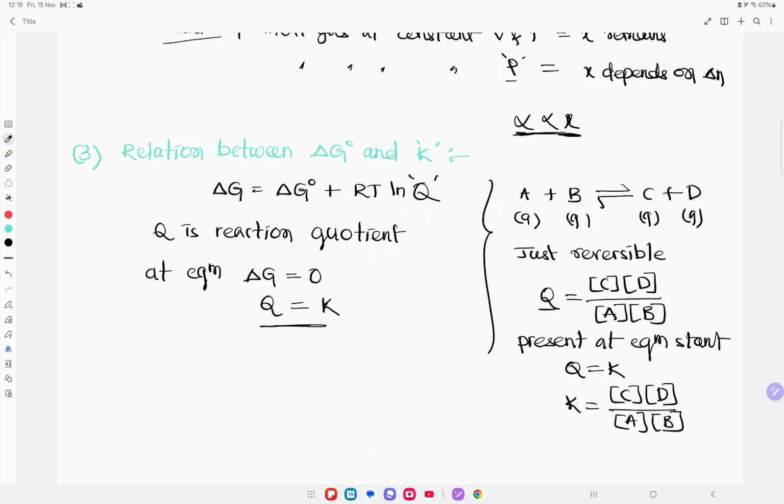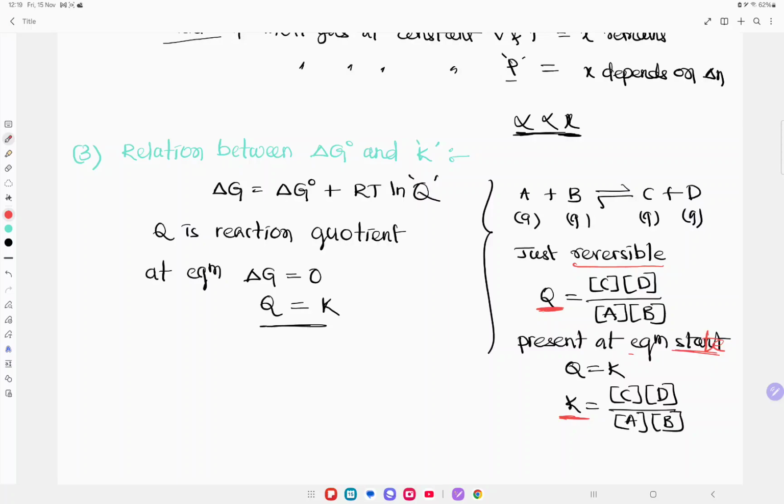Both equilibrium constant K and reaction quotient Q appear to be the same. The only difference is that we write equilibrium constant K only for a reversible reaction present at equilibrium state, and we write reaction quotient for a reversible reaction at any state other than equilibrium.